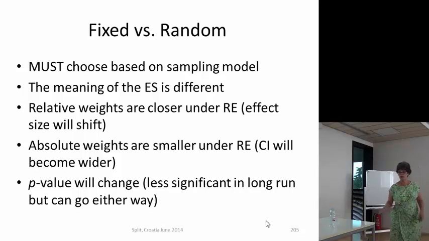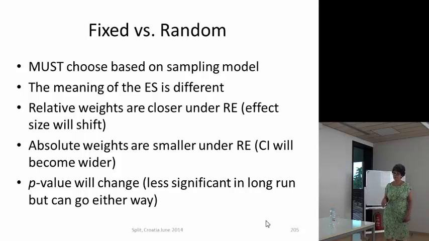In the random effects case, it just represents the mean of all the values in the distribution of true effects. In the random effects model, the weights are adjusted to take into account the fact that each study brings something unique to the table, and it's not just estimating the overall mean.